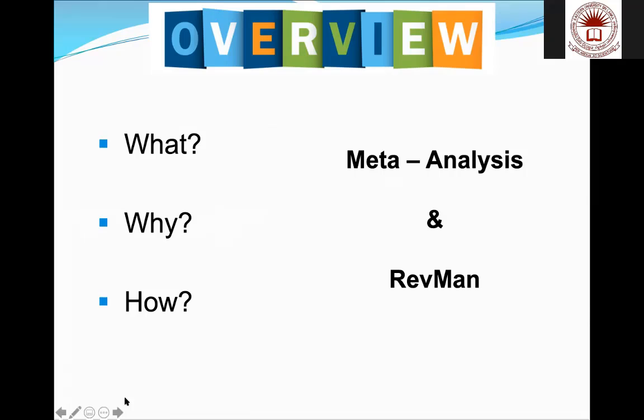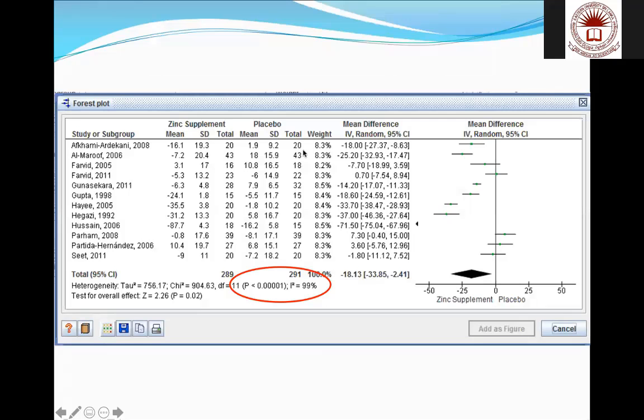So what we will be doing today is we will be looking at the software Rev-Man. For those of you who have installed, we will do it practically together with me. But before going to the software, we will quickly go through what we just did yesterday about the meta-analysis, the statistical part, right? Now I told you the meta-analysis will give you a pooled weighted average.